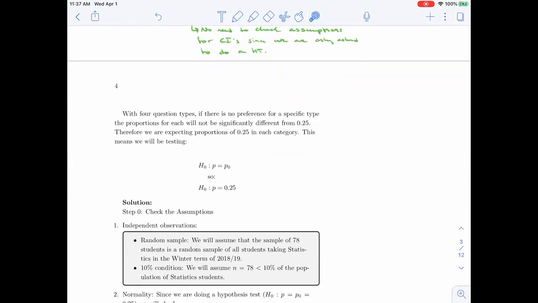So, because there are 4 question types, if there's no preference for a specific type, the proportions for each will not be significantly different from 0.25, right? So a quarter should have chosen sigma known, sigma unknown, paired, and then 2 independent samples. So our null hypothesis is going to be that p equals 0.25, right?